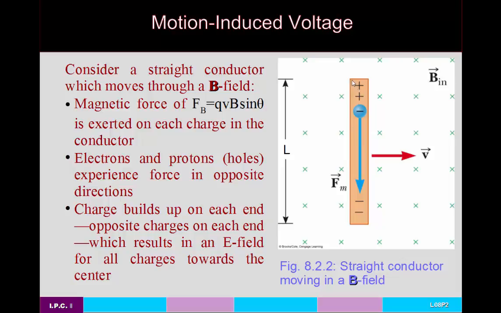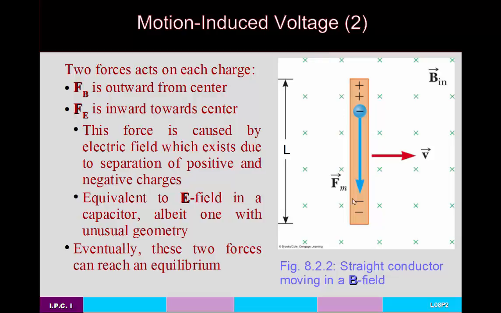What basically happens when you have one of these conductors moving through the magnetic field is that because the magnetic force is in different directions for the two, you'll tend to build up positive charges on one edge of the conductor and negative charges on the other edge of the conductor. And so what that results in is an E field within the conductor, pointing of course from all the positive charges to all the negative charges. Again, just like in the Hall effect.